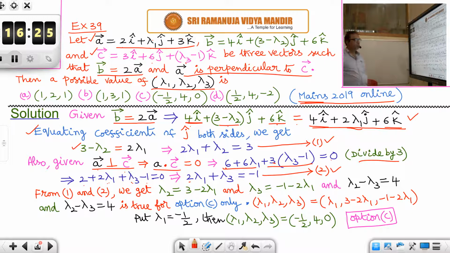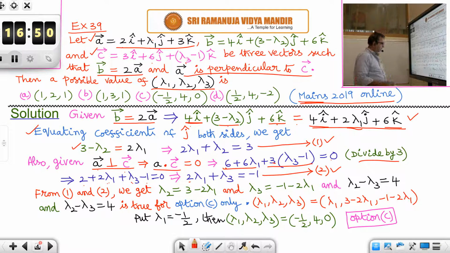So here only 2 equations we have obtained in 3 unknowns, lambda 1, lambda 2, lambda 3. Therefore there will be several solutions. If in 3 unknowns, 3 equations are there, then you may get unique solution. But here in 3 unknowns, only 2 equations are there. So, okay.